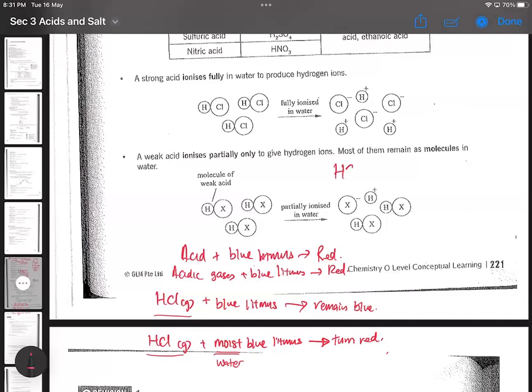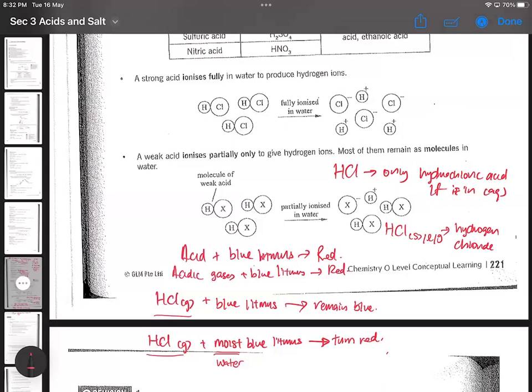Remember HCl is only referred to as hydrochloric acid if it's in the aqueous state. Anything else, HCl, solid, liquid, or gas, it is referred to as hydrogen chloride. Only in the aqueous state it is an acid.